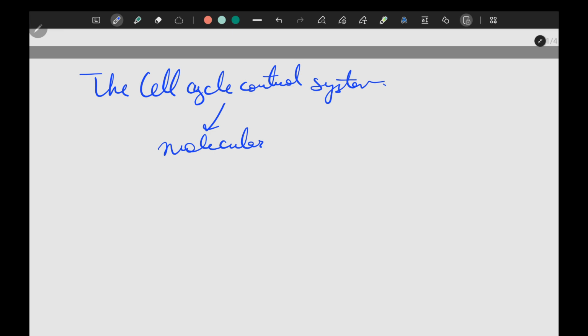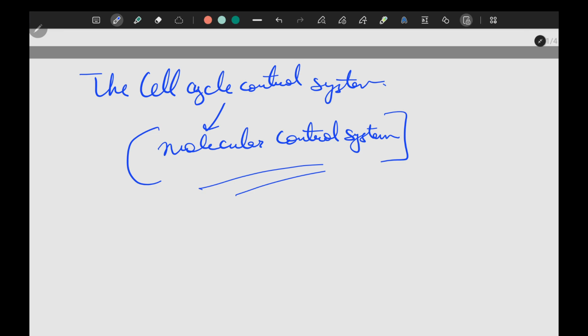It triggers certain events in order and coordinates them to do DNA replication, mitosis, and cell division correctly at perfect steps. There are some checkpoints and signals to maintain this process.